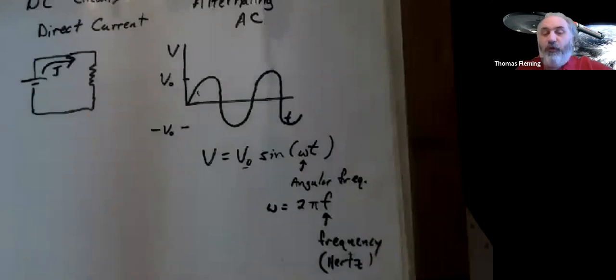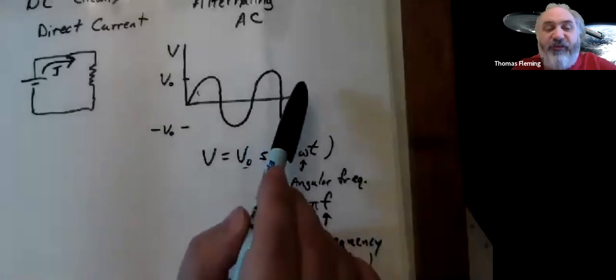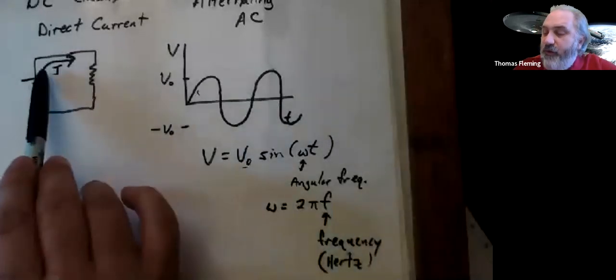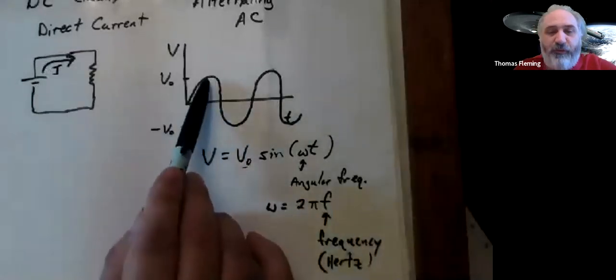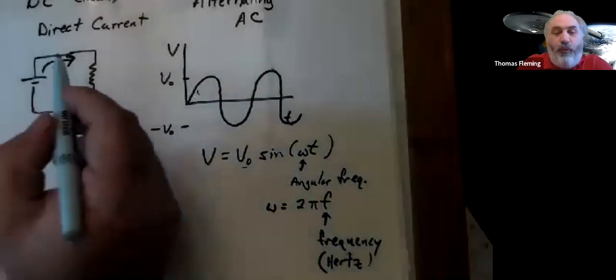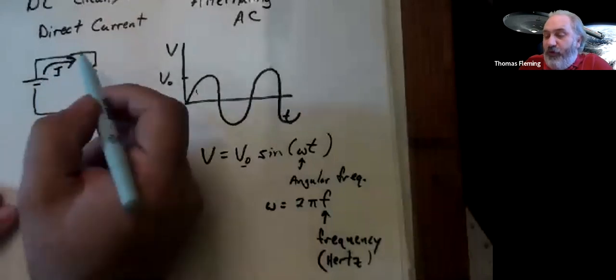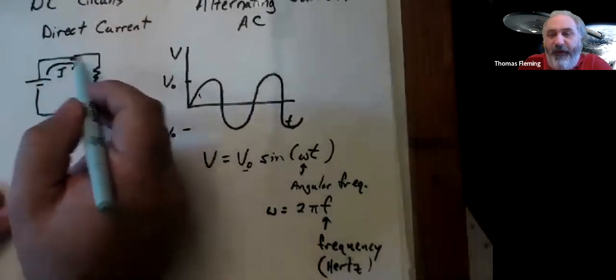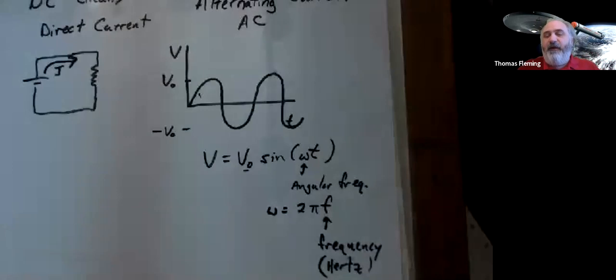If you were to look at an AC circuit, the current would switch every time the voltage switched. So when the voltage is big and negative, the current wouldn't be forward anymore. It would turn around and go backwards. And so if you could actually see the electrons inside the wire, rather than having them go all the way around the circuit, they actually never make it around at all.